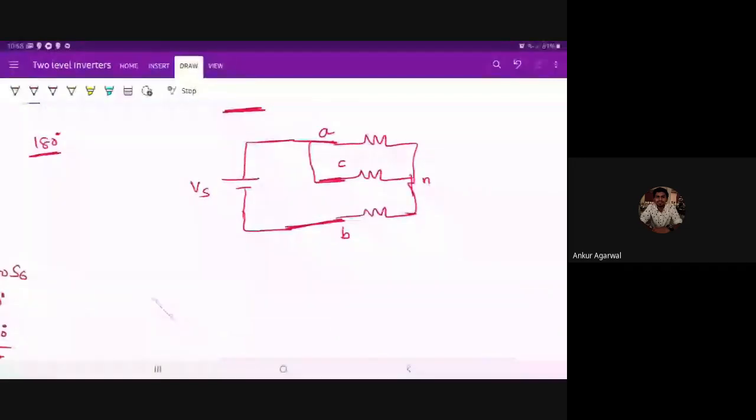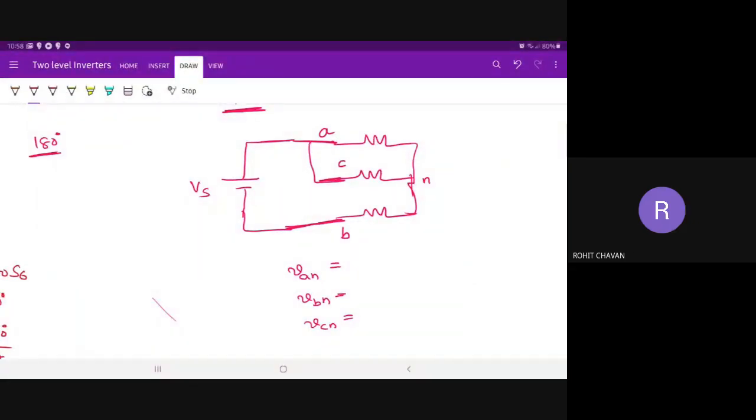Now I want to calculate VAN, VBN, VCN at the same time. Can anyone tell what is VAN? Vs by 3.